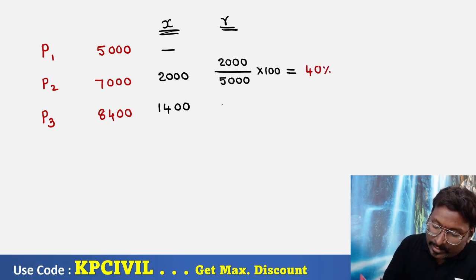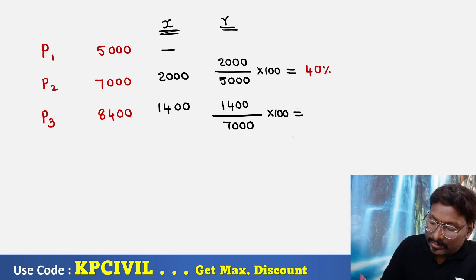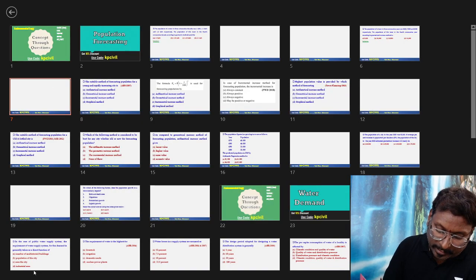Now X2 is 1,400 and P2 is 7,000. 1,400 by 7,000 into 100. What you are getting? 20%.